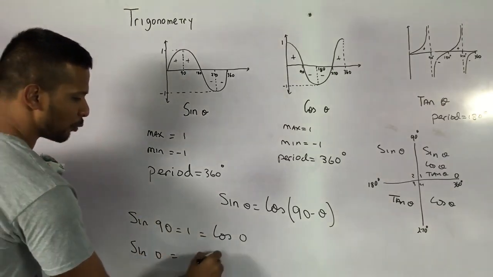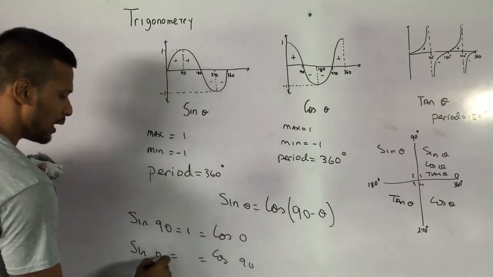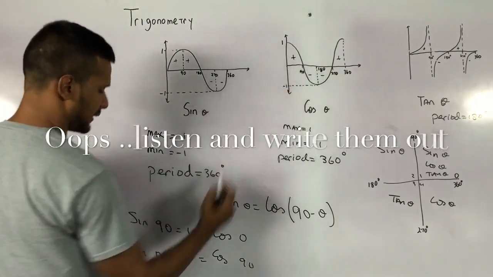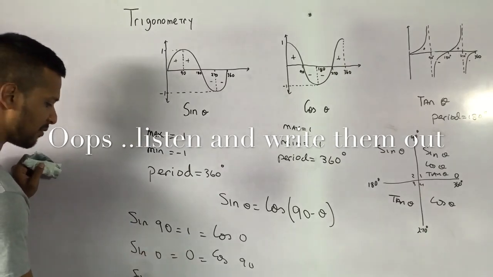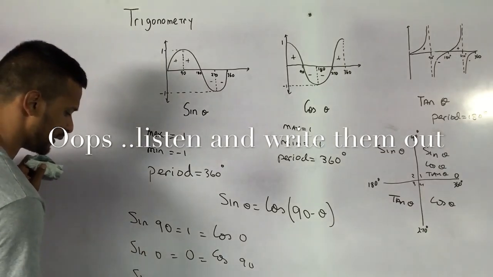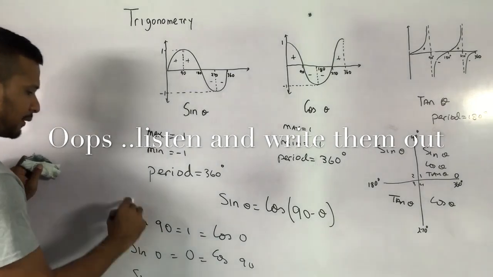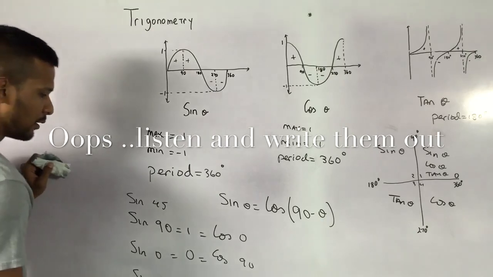So we could use this to help work out all our values. Sine 0 will be the same as cos 90 if you put it into the formula, and you'll end up with cos 90 is 0, sine 0 is 0. Right? And it can similarly be followed for a set of values. Sine 30, sine 60, and sine 45. Okay?